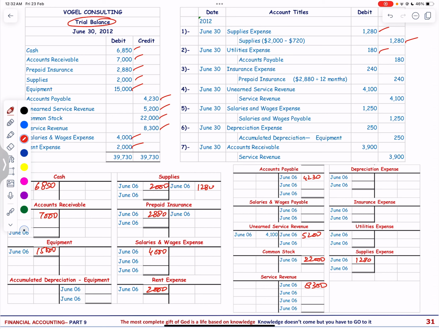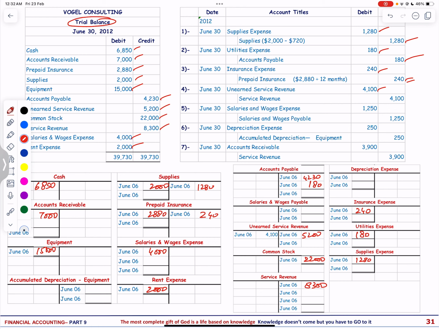Utilities expense is debit by 180. Accounts payable is credit by 180. Insurance expense is 240 debit. Prepaid insurance 240 credit.